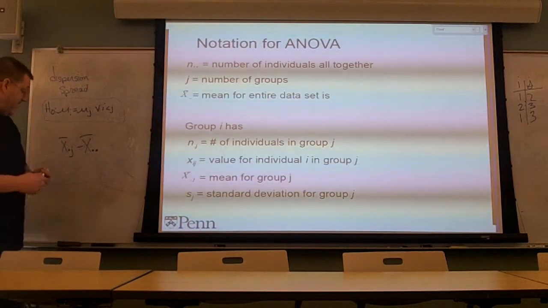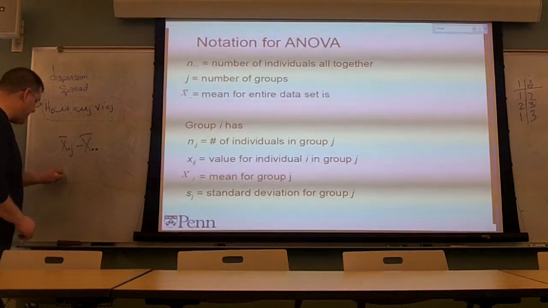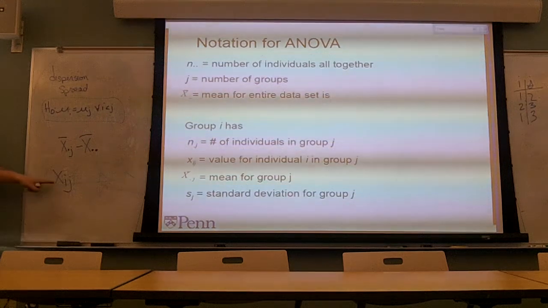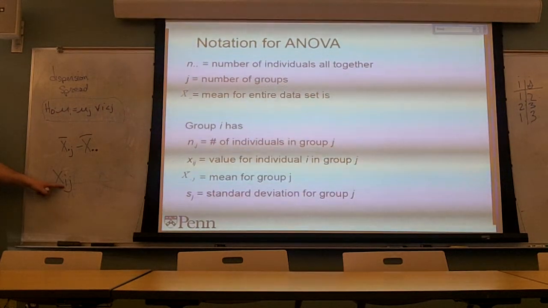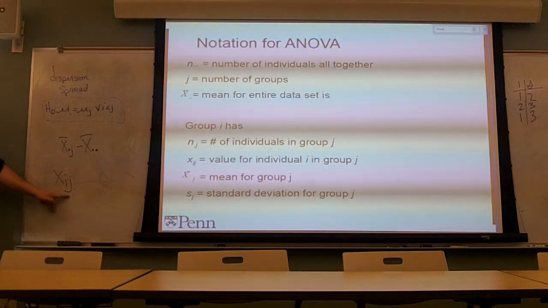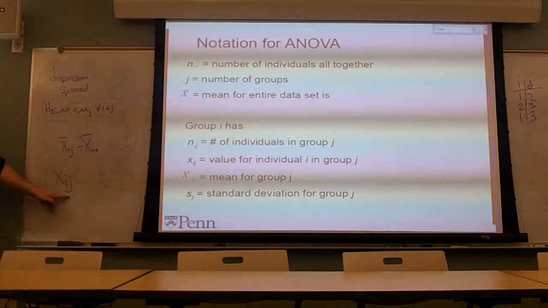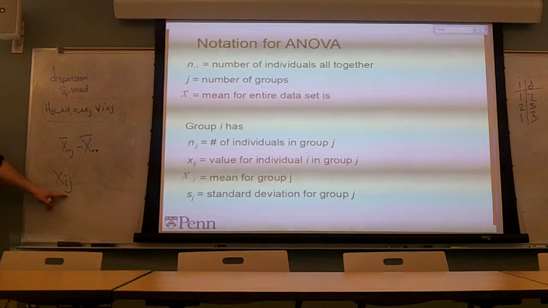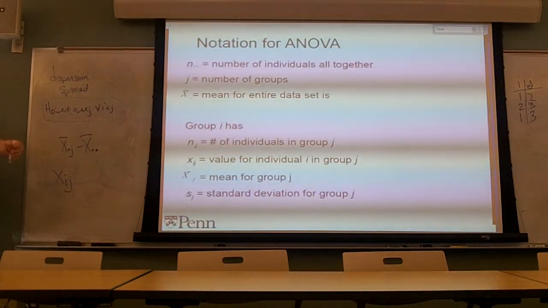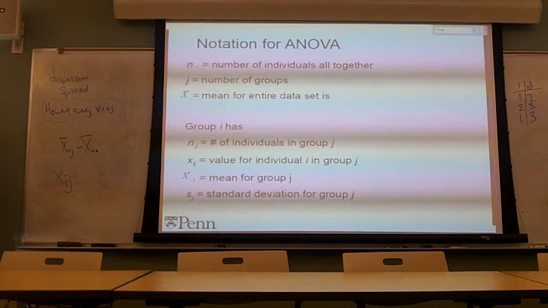All right, so now I'm going to write down X_ij. So I have the ith person within the jth group. Right? So J tells me how many levels of my factor there are.